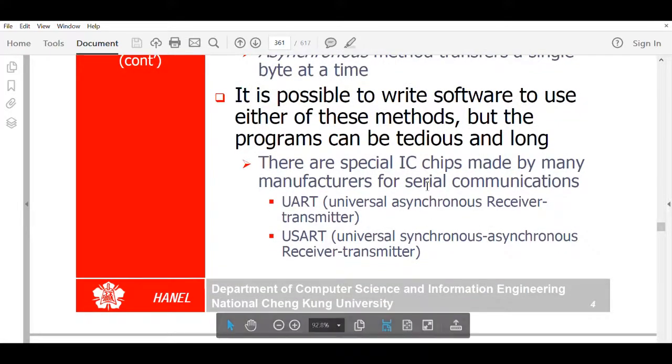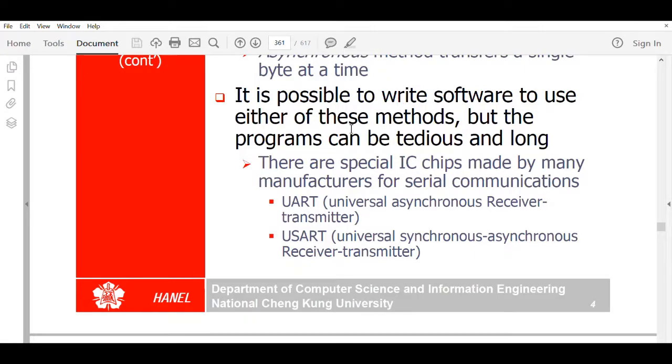So instead of writing software to use the synchronous or asynchronous method, because the programs will be quite long, we normally use hardware or IC chips. Those chips used for serial communication are called UART and USART.